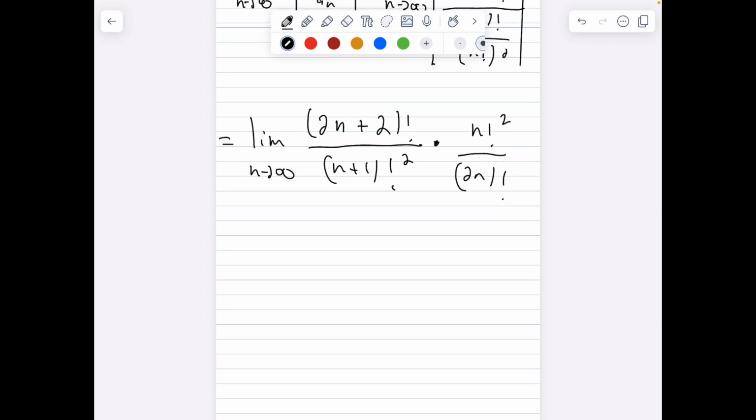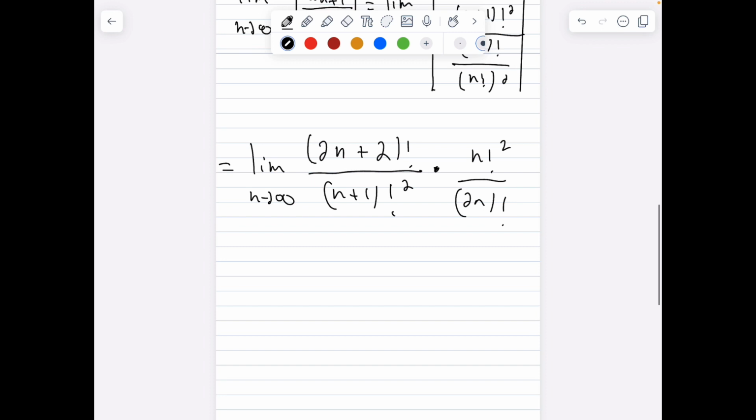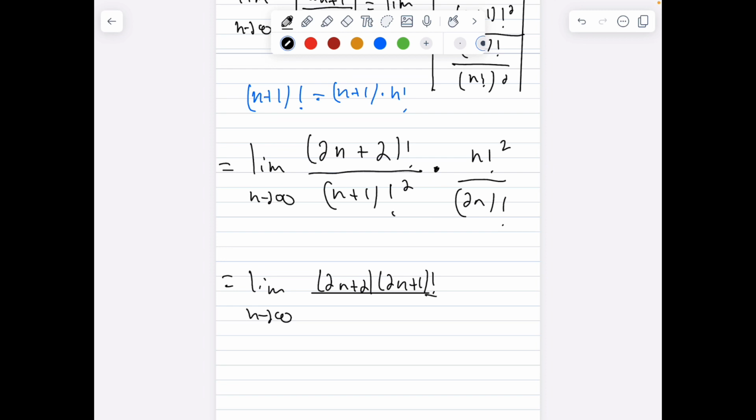And what I'm going to be doing now is using that fact that I wrote earlier, that n plus 1 factorial is n plus 1 times n factorial. Okay, so let's apply that first to the numerator. 2n plus 2 factorial is like saying 2n plus 2 times 2n plus 1 factorial.